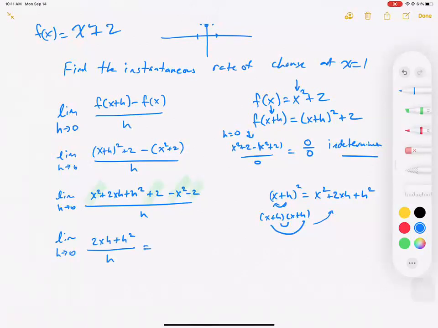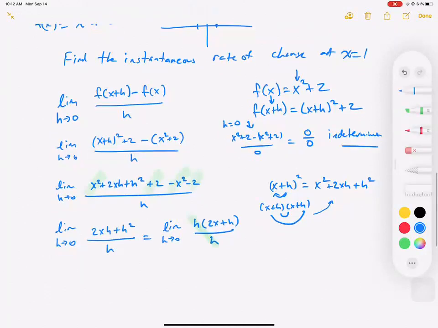To make this a little prettier, limit as h goes to 0, I want to factor out the h to make that super obvious. That imposter is standing right in front of us now. And that's where our 0 over 0 was. Yep. That's our 0 over 0. We then divide it out, and we're left with the limit as h goes to 0 of 2x plus h.